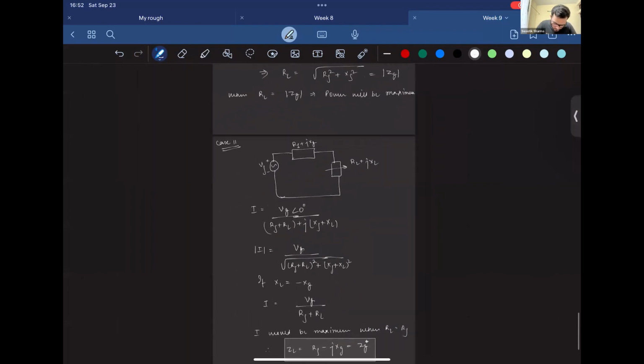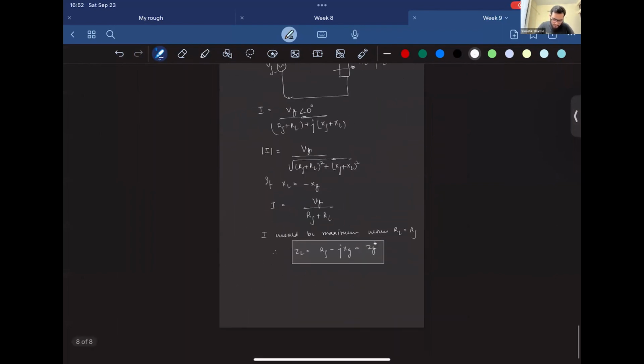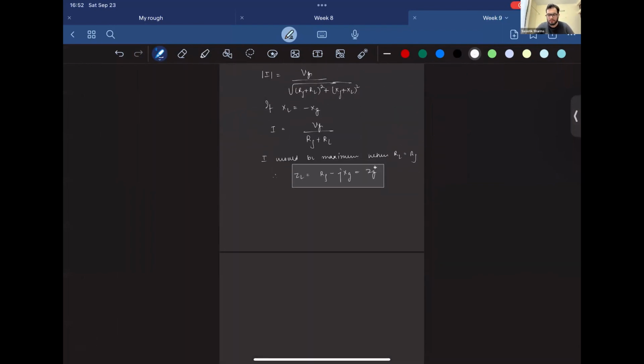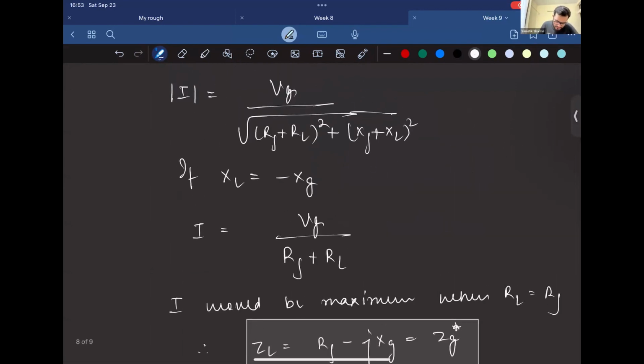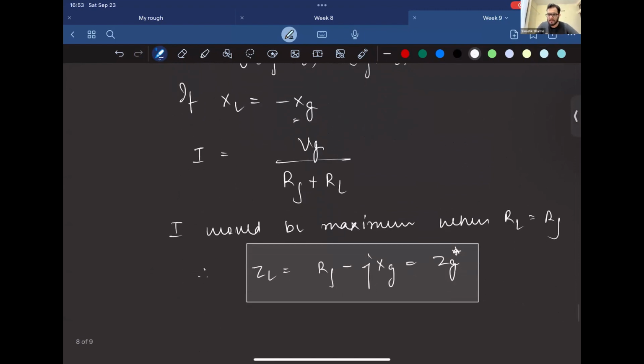I hope not. So if you solve it you do Vg square upon Rg plus RL, whole square, and the conclusion is that the maximum power will flow through the AC circuit when the load impedance is the complex conjugate of the source impedance. Yeah, that's what we got, right? We took XL as negative of Xg and RL would be Rg only, and we get the conjugate of the source impedance.